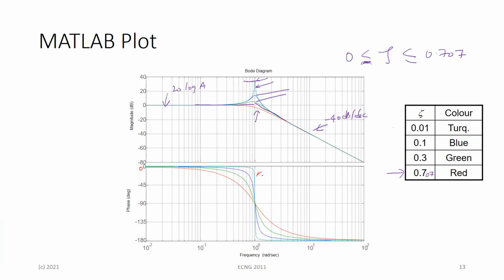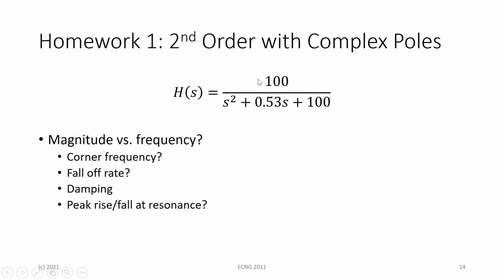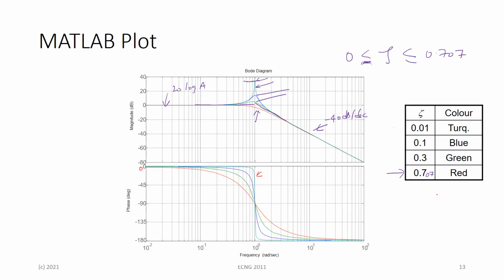That's the turquoise line here, which corresponds to the high peak. When it's close to 0.707, which is a limit, you get a gradual roll off in the frequency, and also a gradual change from 0 degrees to minus 180, like your normal second order function. And this point here, of course, is easy to read.